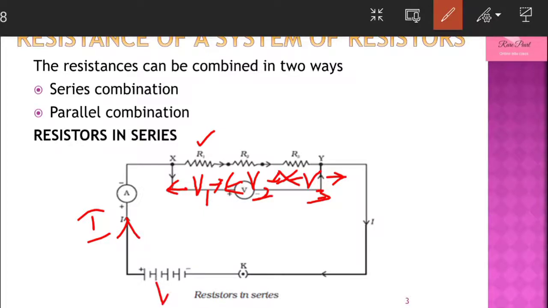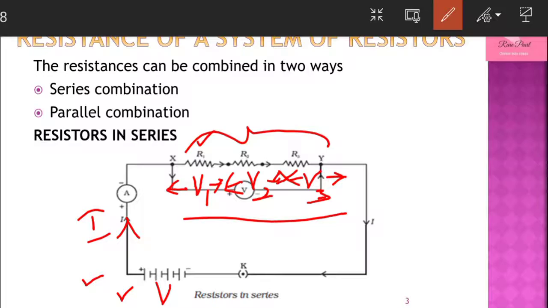Now, when we add all these voltage drops, we will find that it is equal to the supply voltage. Can you tell me which is the active element here? Yes, the voltage source is the active element, whereas these resistors are called passive elements.